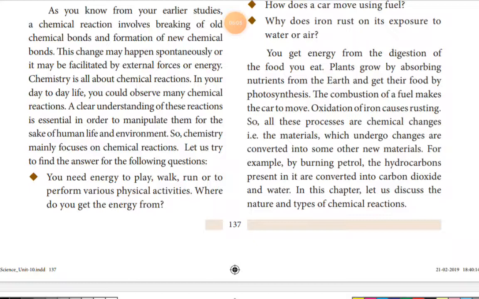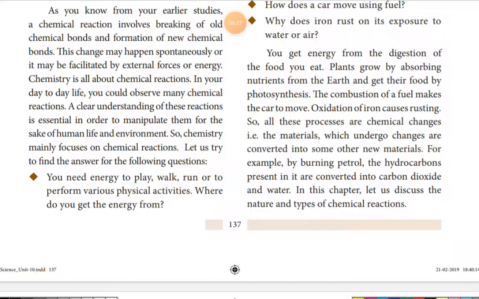Note this point down: chemistry means chemical reaction, and in a chemical reaction, breaking of old chemical bonds and formation of new chemical bonds take place. And one more thing, reactions take place spontaneously or with some facilitating external force of energy.